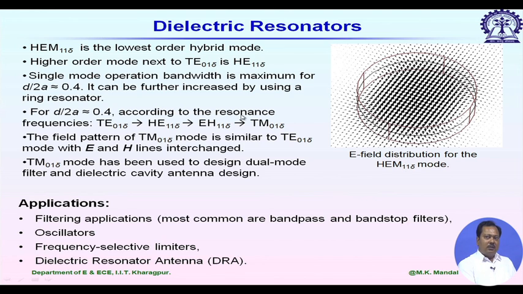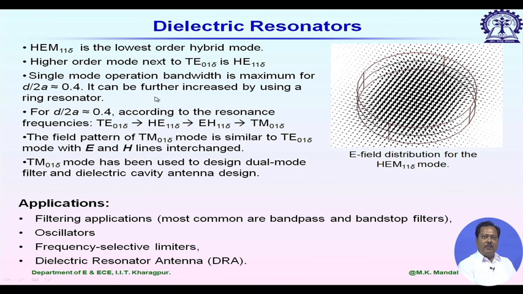Some properties of dielectric resonators in general: HEM11 delta mode is the lowest order hybrid mode. The higher order mode next to TE01 delta is HE11 delta. Now, single mode operation bandwidth is maximum for d by twice a equal to 0.4.